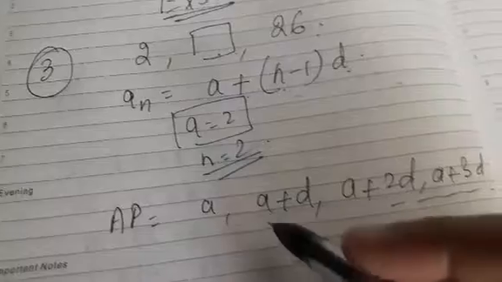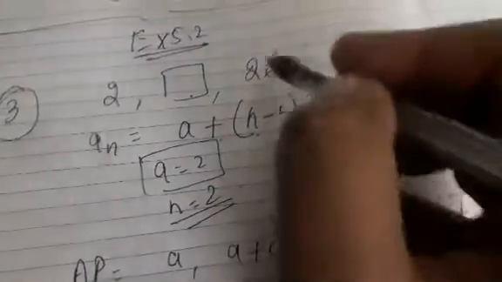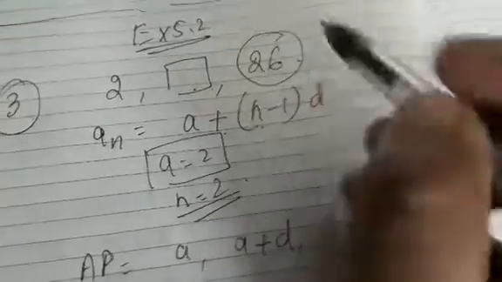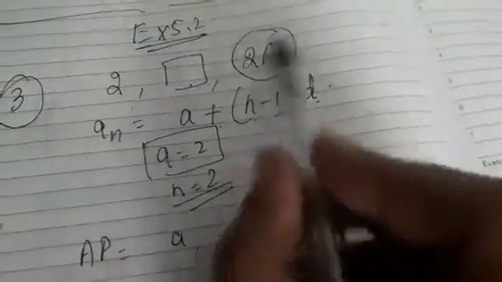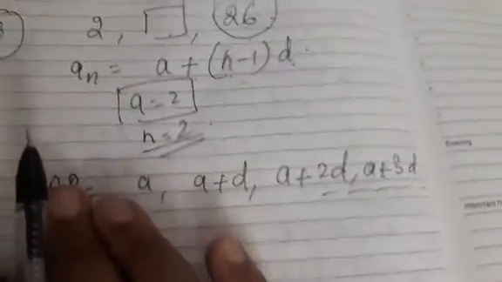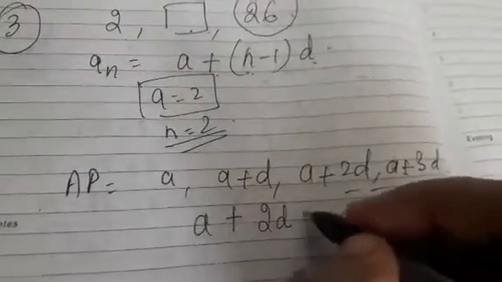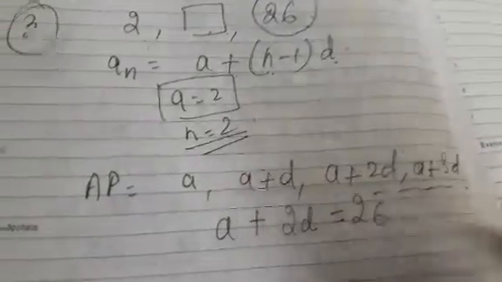So this is how we find the terms of the arithmetic progression. Now if you look at this 26, which term is this? This is the third term. So we will write this is the first term, second term, and the third term. So to find the equation, we can write a plus 2d is equal to 26.